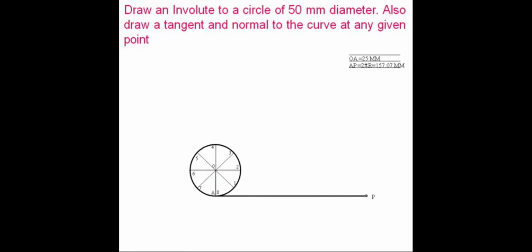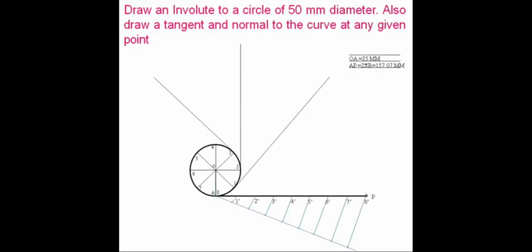After dividing the circle, we need to divide the AP line. Almost AP is 159 mm. We need to divide it. This is one type of dividing, but easily we can divide 159 by 7.